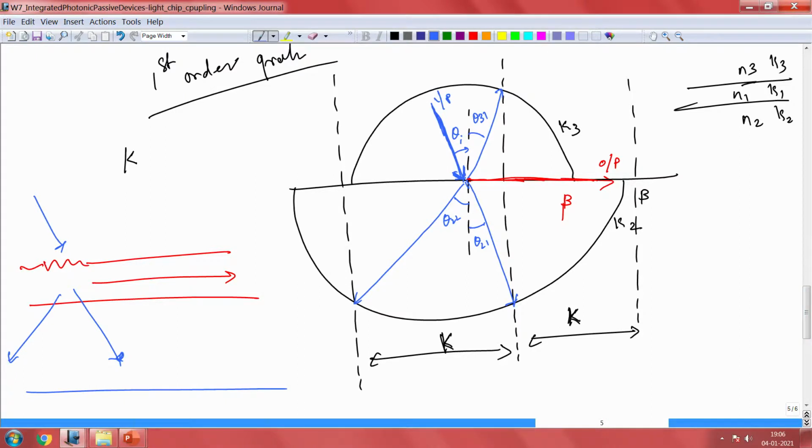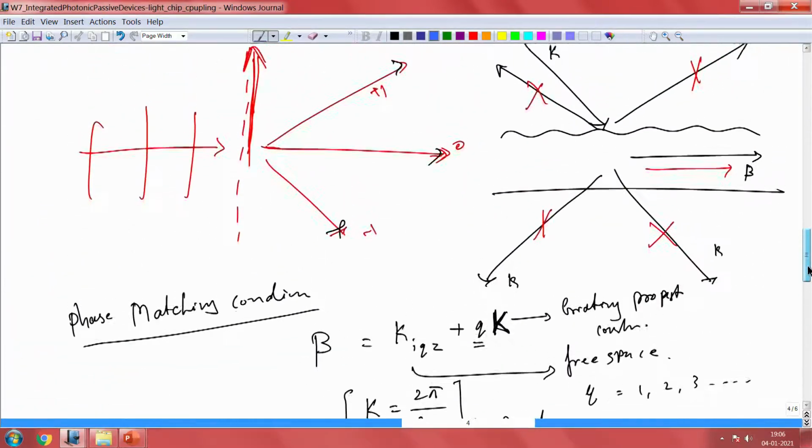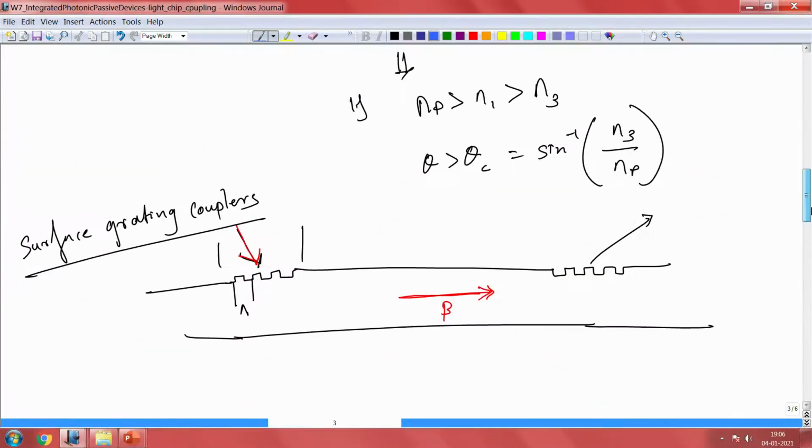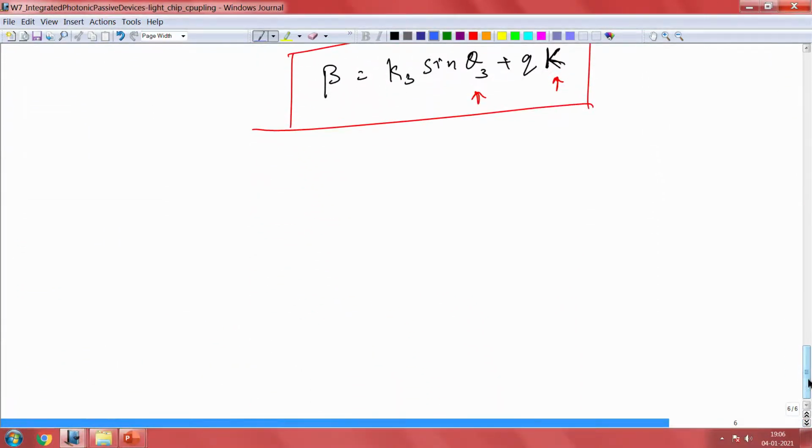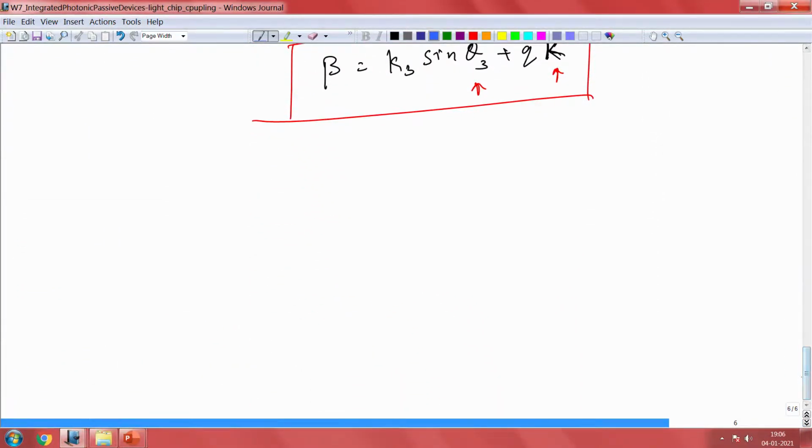We will see how these structures could be evaluated when we see the real life examples here. And final light coupling is by using end fire. End fire coupling is relatively straightforward, where you need to really find the overlap integral.